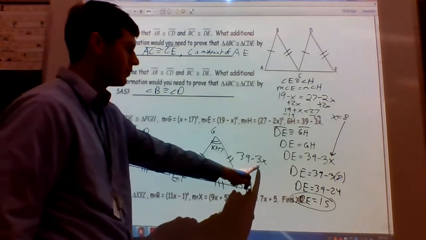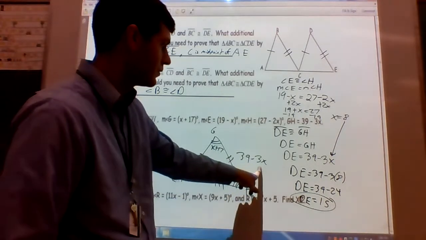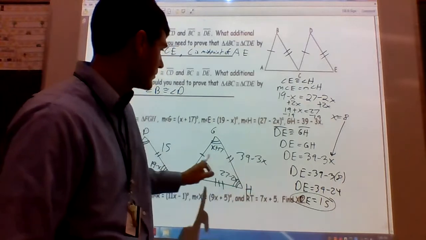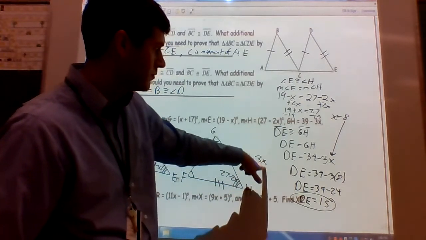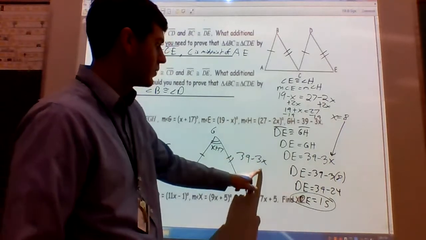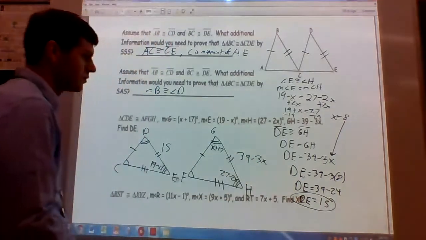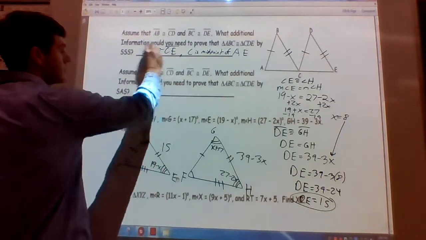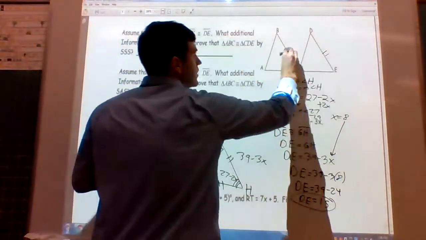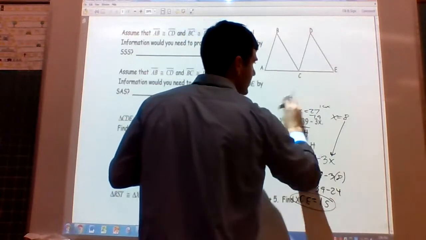If we plug in 8 here, we should also get 15, because this is 15, this should be 15, right? And 3 times 8 is 24, 39 minus 24 is 15. So DE is going to be 15. A couple more problems like that one.